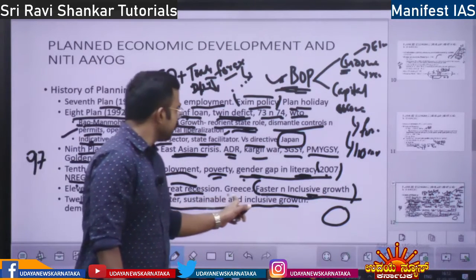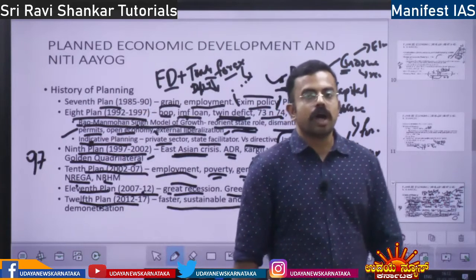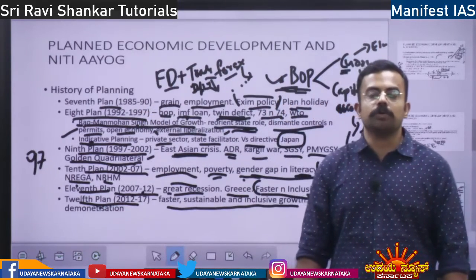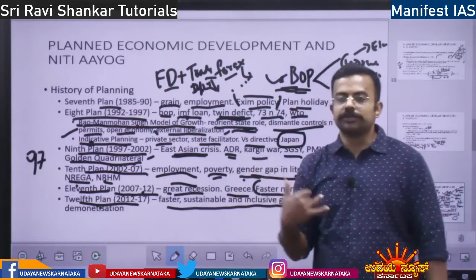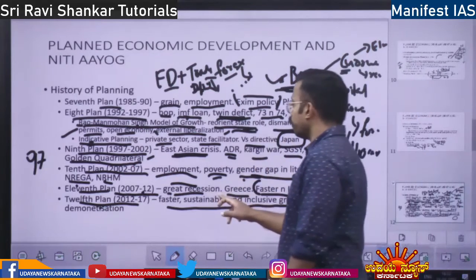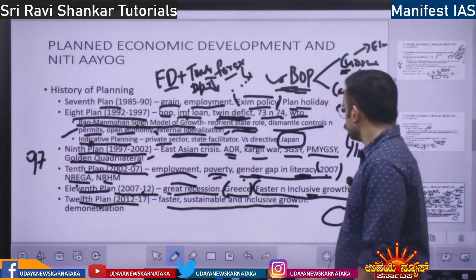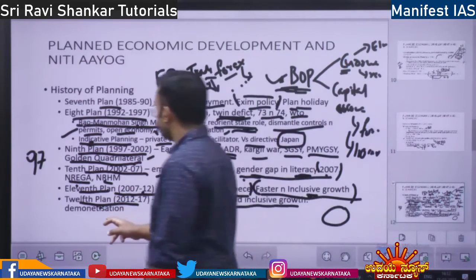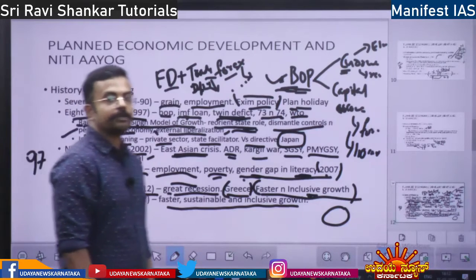And also Greece goes bankrupt. The sovereign debt crisis, I told you what it is: when a nation borrows money and is not able to repay. That happens in Greece. And in the 12th plan, the 2016 demonetization takes place.